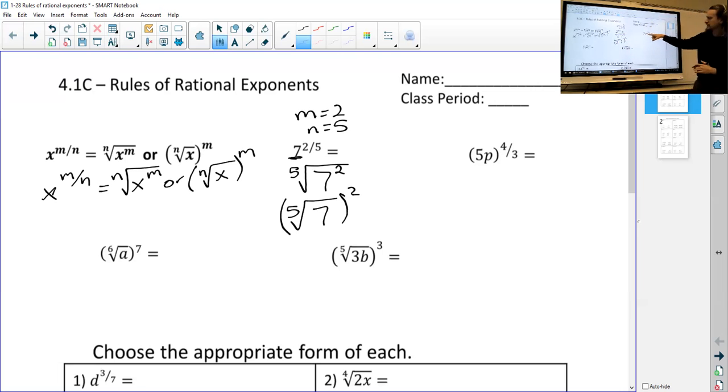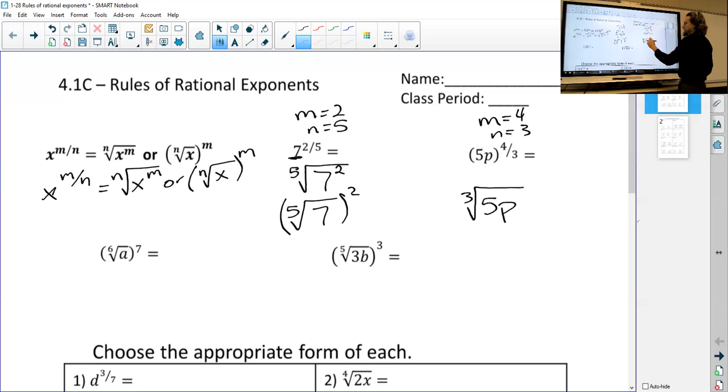Right, but when we look at the next one, it's 5p to the 4/3 power. So I would definitely recommend, so m would be 4, n would be 3. So this is going to be the 3rd root, or the cube root of 5p raised to the 4th power. And I would write it this way, okay?